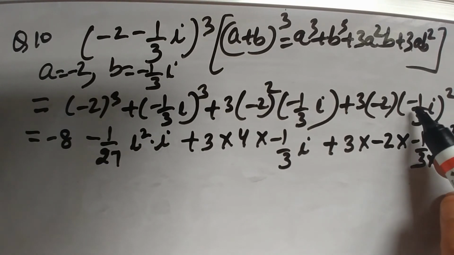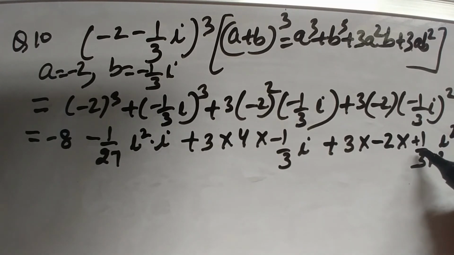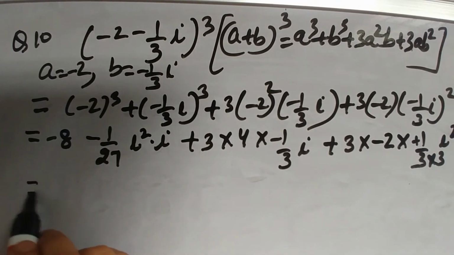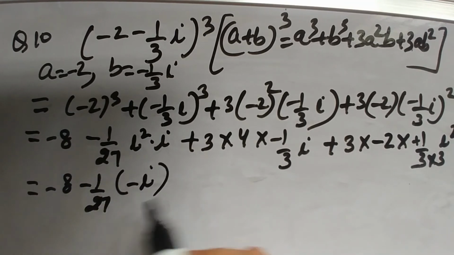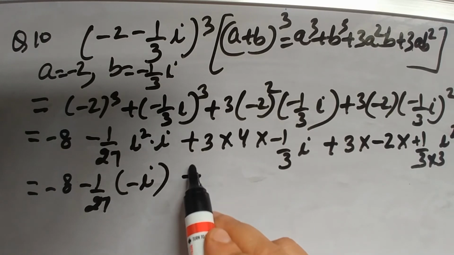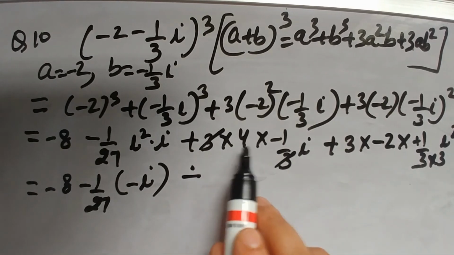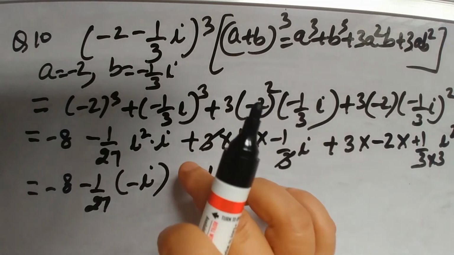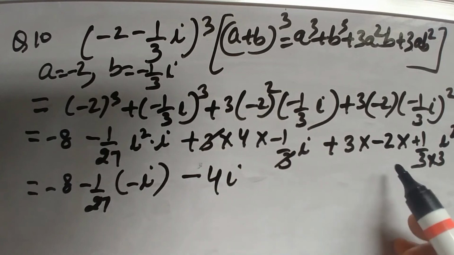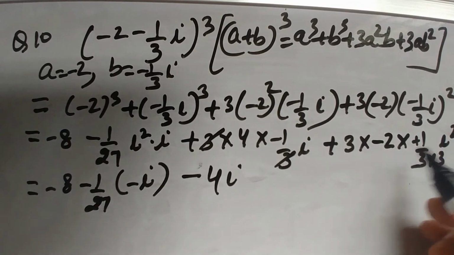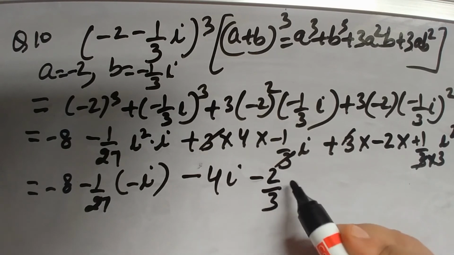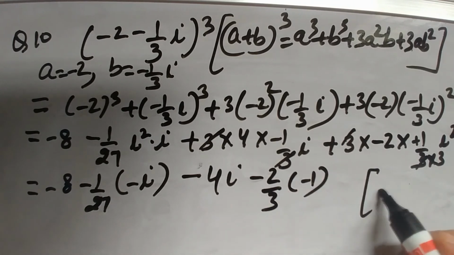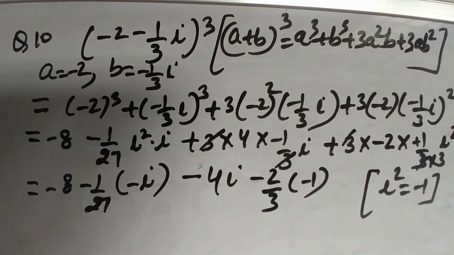And this is minus square, so from outside the term will be coming as the plus term. So it is minus 8 minus 1 by 27, iota square is minus 1, so into minus iota, plus minus 4 iota, and the 3s get cancelled, and it is your minus 2 by 3 iota square, which will give me minus 1, as you know iota square is minus 1.